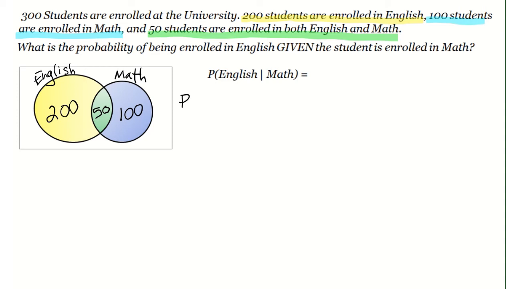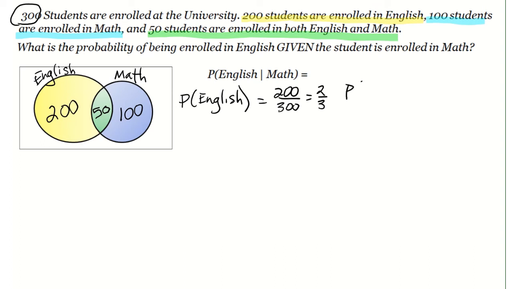So the probability of English is going to be our 200 that we have here in the yellow, divided by our 300 total students. And that can simplify to 2/3.